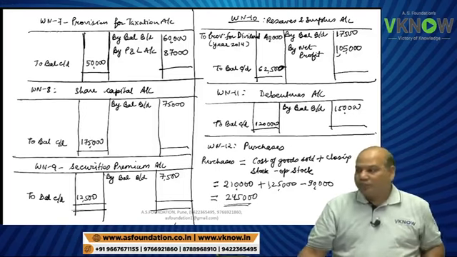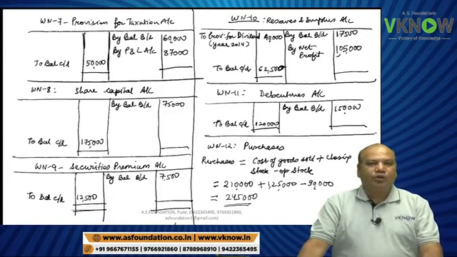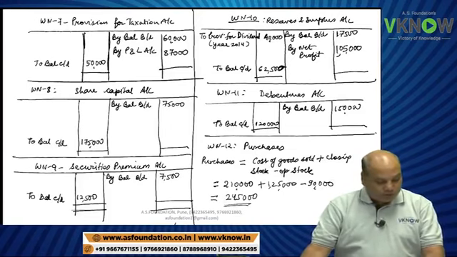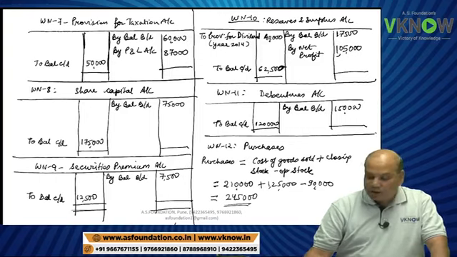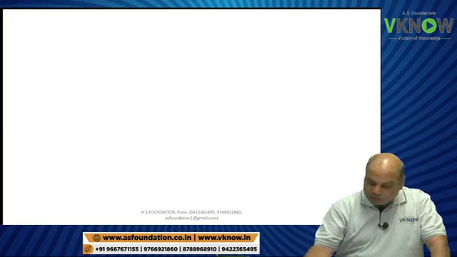Any query? Any query on P&L account? No query? Next point A. Point number A, listen to me carefully. Plant costing rupees 50,000, accumulated depreciation rupees 20,000 was sold. So we are going to pass two entries.